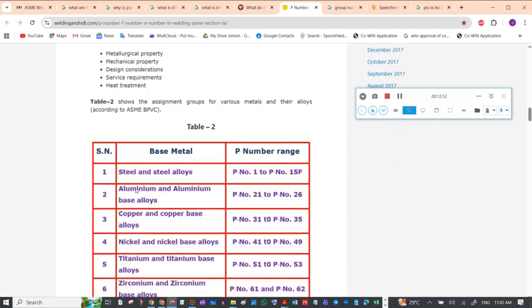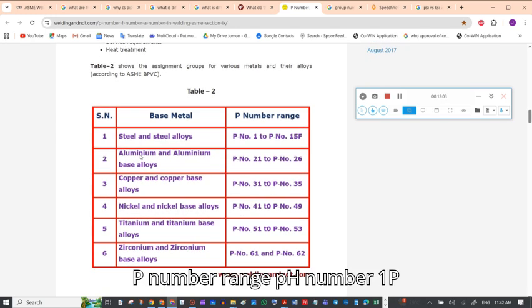So actually P number 1 is for carbon steel pipes. So these are the P number ranges.